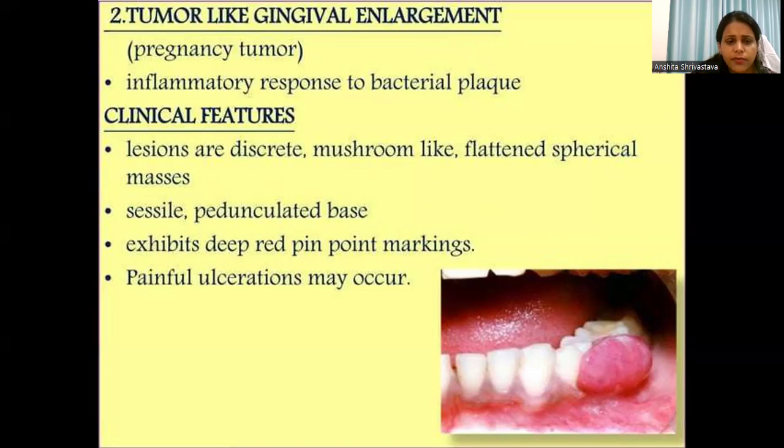So these are the clinical features of pregnancy tumor, or tumor-like gingival enlargement in pregnancy. The term mushroom-like is used for pregnancy tumor.